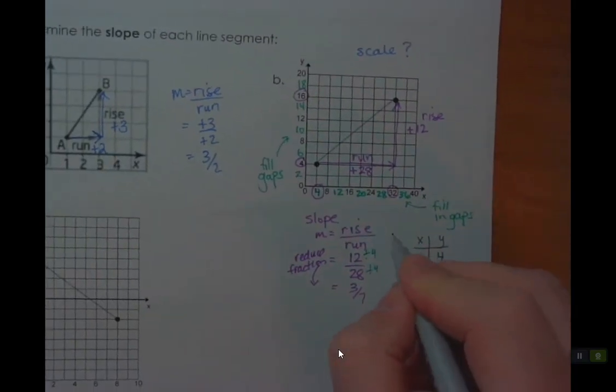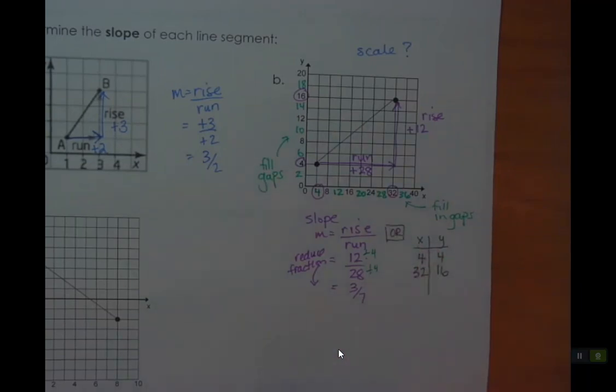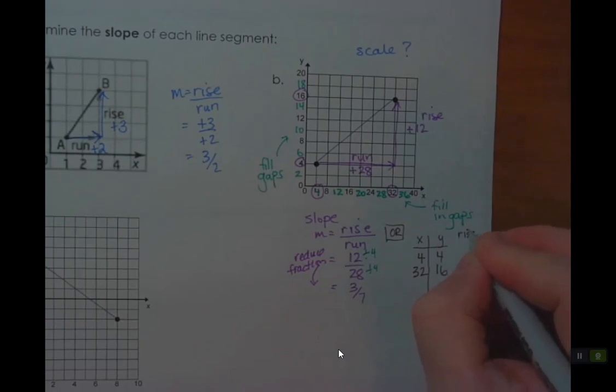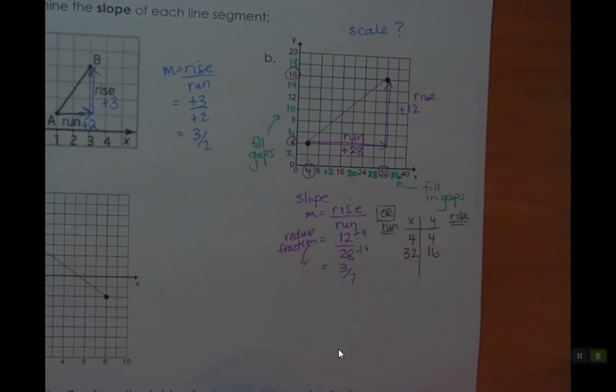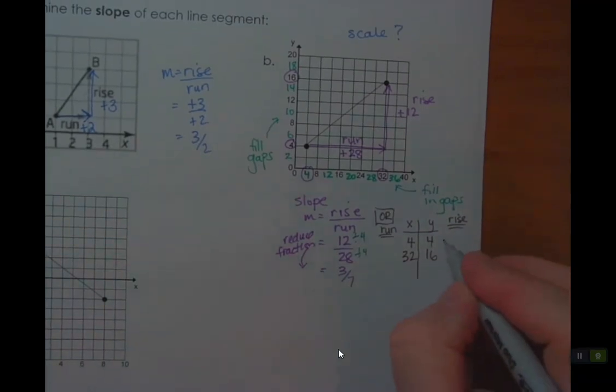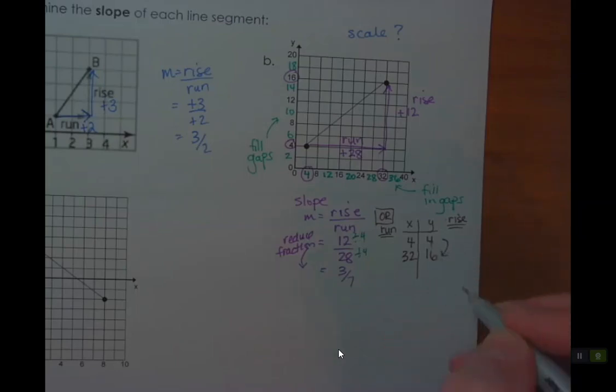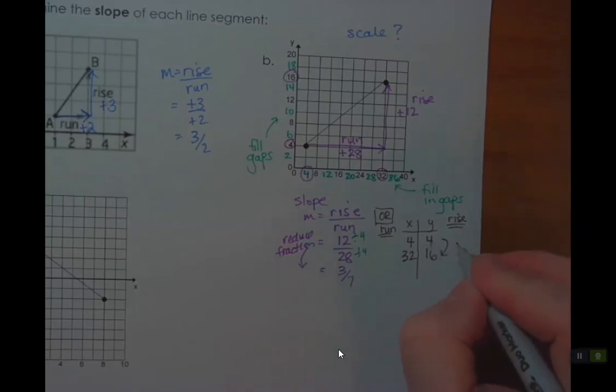So this is another way of helping us do this, and you'll see that at the bottom of the page. Our y values talk about our rise. Our x values talk about our run. Well, what do I have to do to get from 4 to 16? I have to add 12.